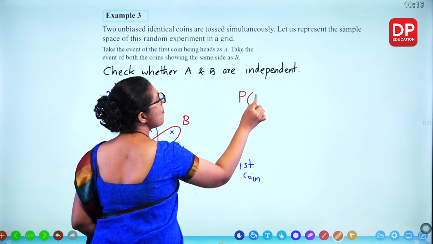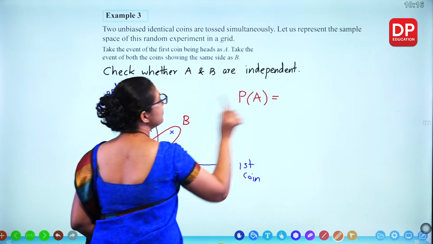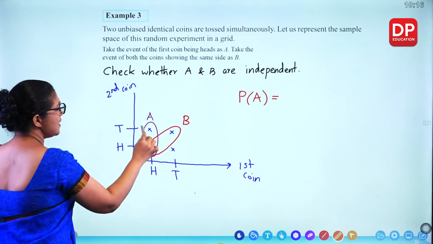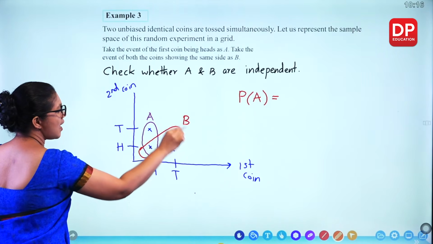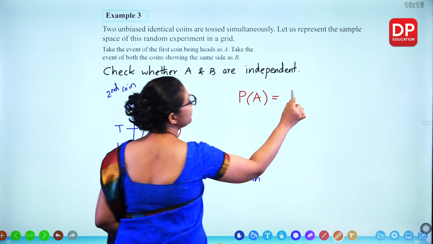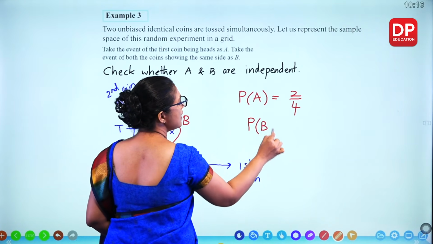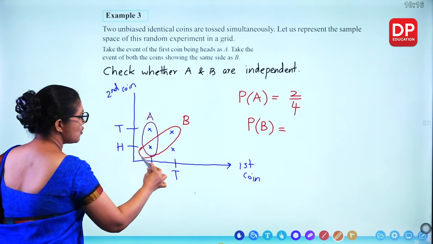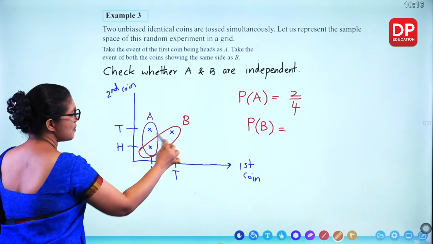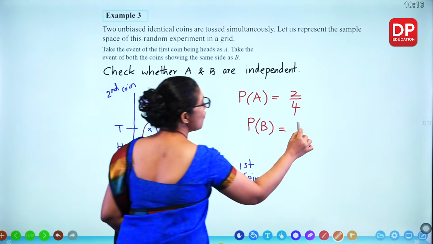So what's probability of A? Probability of A means 2 possible outcomes out of 4. What is probability of B? Here also when you take B set, 2 possible outcomes out of 4.